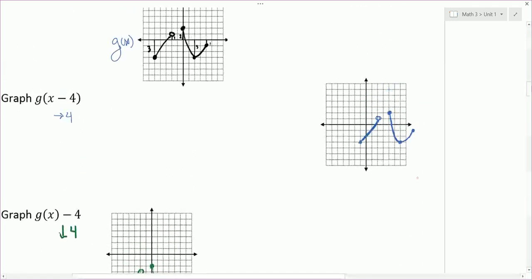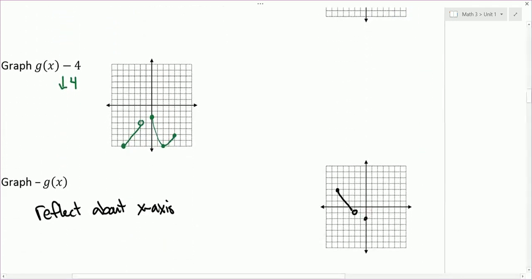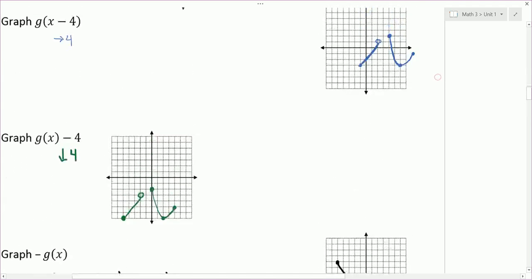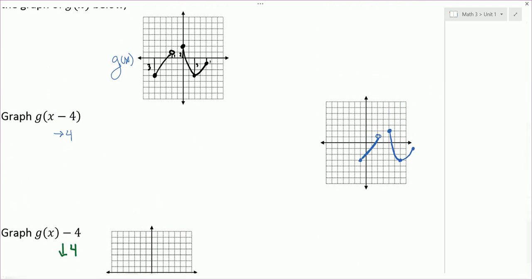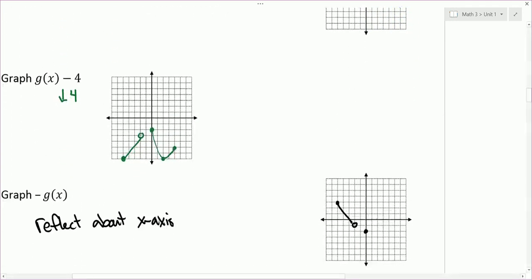When x is 0, we're going to go down 2 units, closed circle. Going back here, when x is 2, we're going to go up 3 units. And then when x is 4, we're going to go up 1 unit and draw a curve through those 3 points.